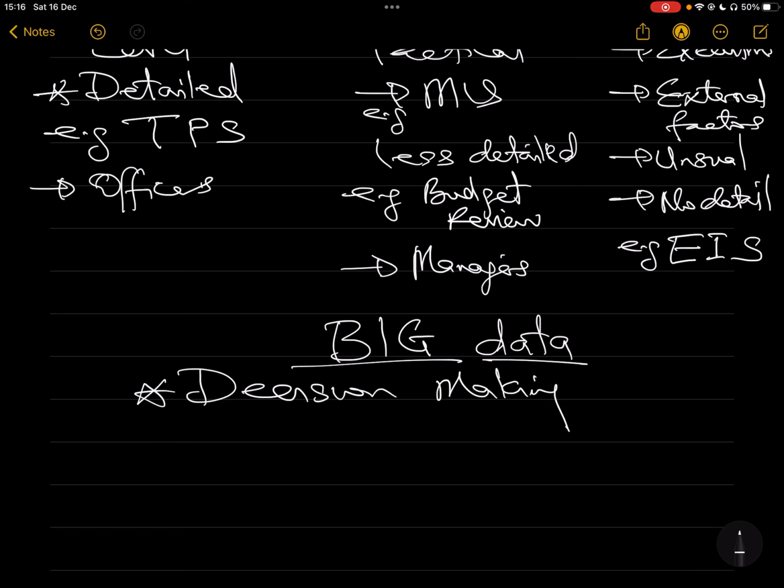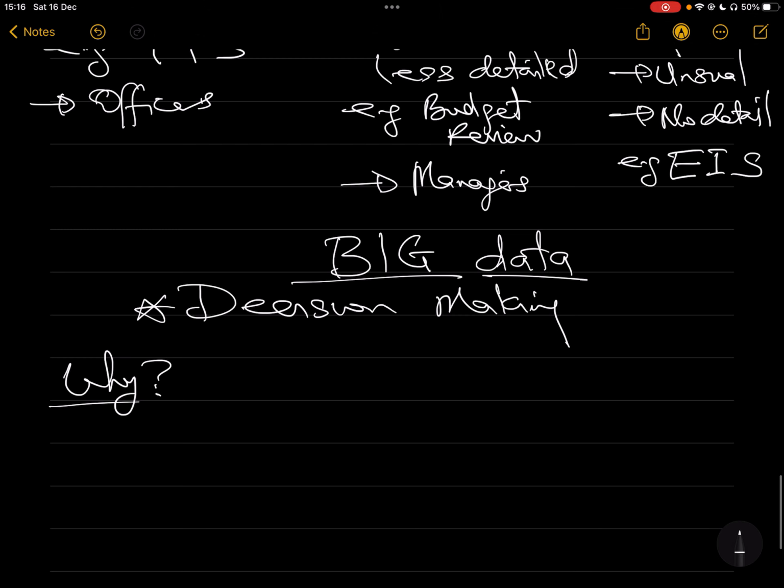And why is big data actually useful? Why are we using big data? Why is it of so much importance? Number one is the volume of transactions that big data systems can handle.